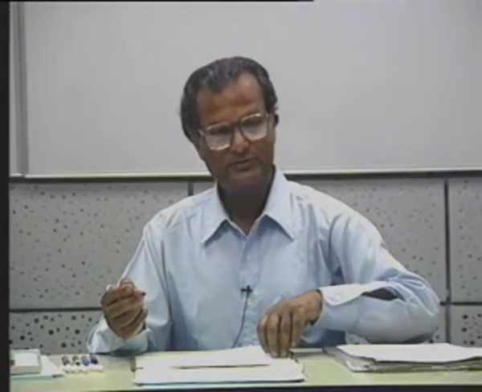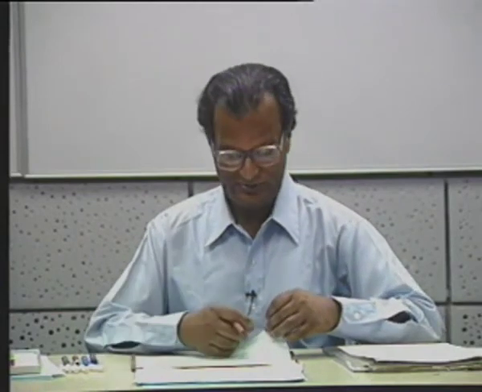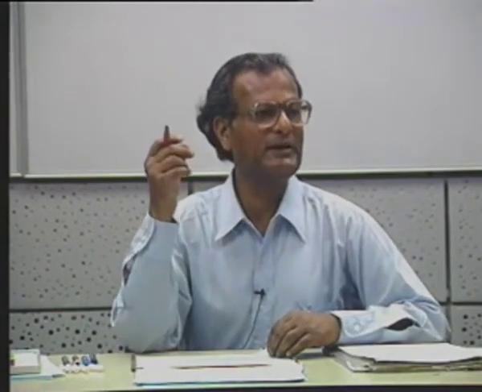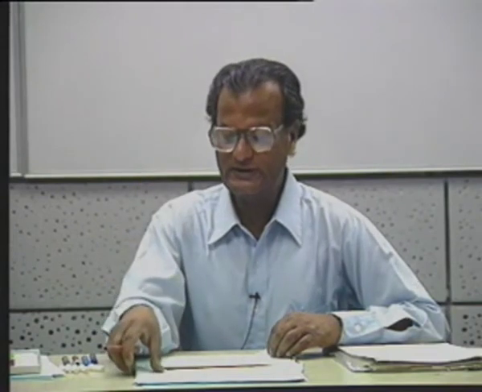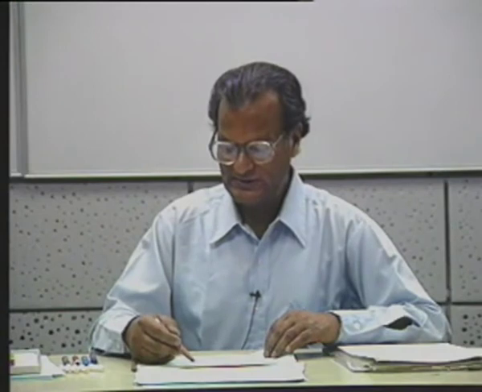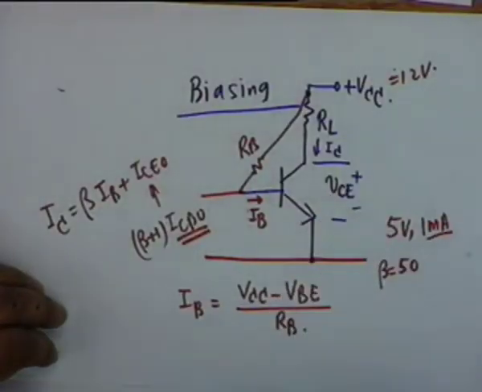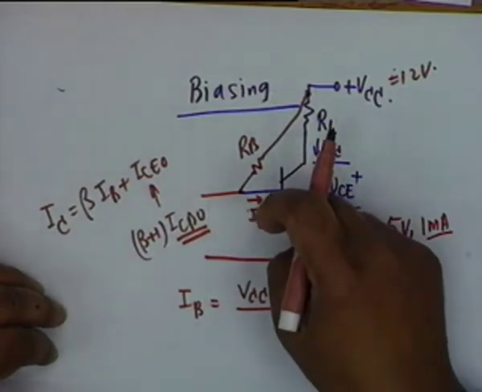A circuit in which this does not happen has to be designed on the basis of a different kind of philosophy. The philosophy in this circuit was to establish a particular IB, to establish a particular base current. The base current is a constant.